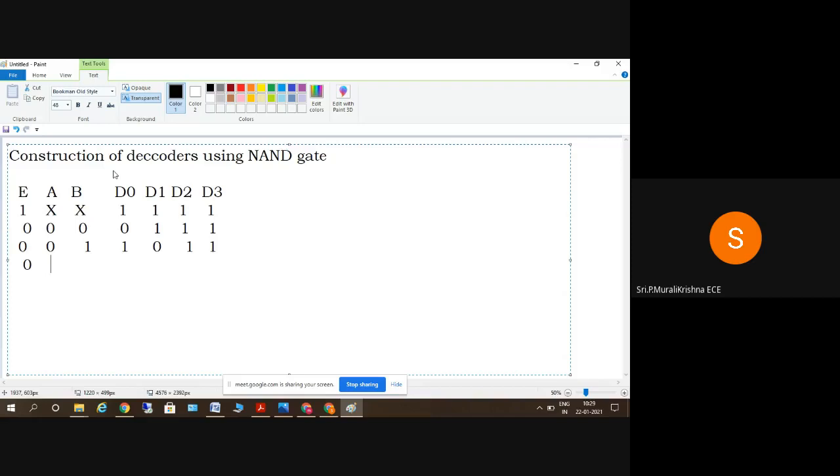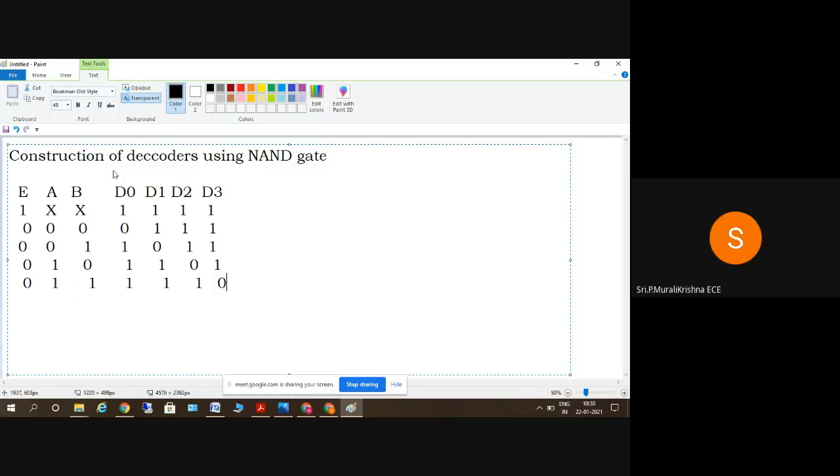Then enable 0, 1 0, and enable 0, 1 1, so 1 1 1 0. Clear?